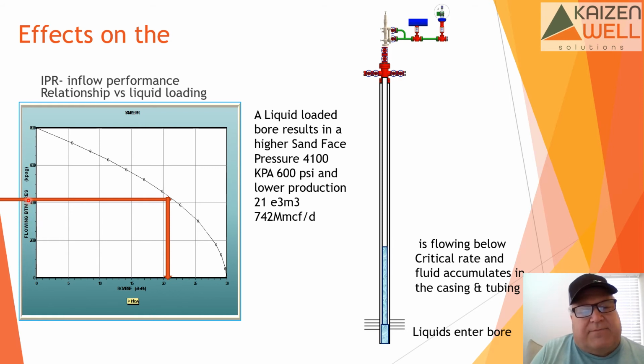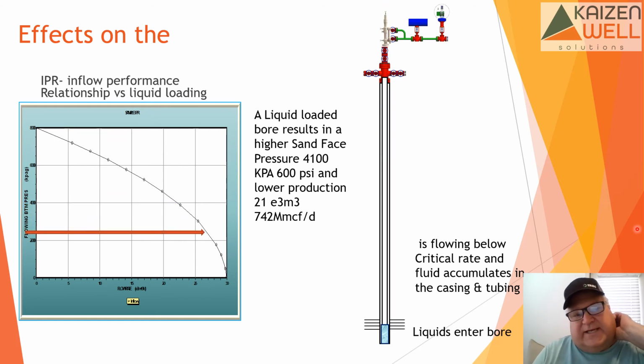As that pressure climbs, we can take this IPR, or inflow performance relationship graph, for this pretend well, and draw across from the current pressure, intersect this line, and then go straight down, and say at this particular pressure we have the ability to produce about 20 E3 of gas. But if we did some sort of intervention, put a plunger lift in, get this plunger running, it sweeps that accumulating fluid out.